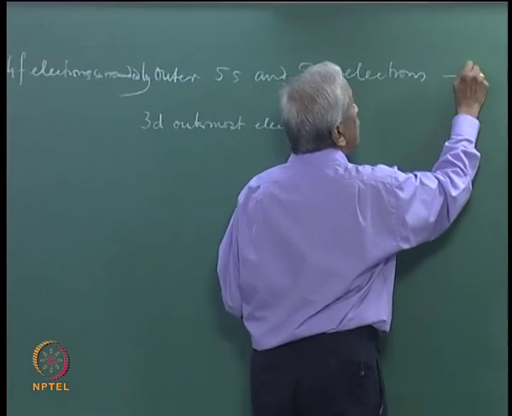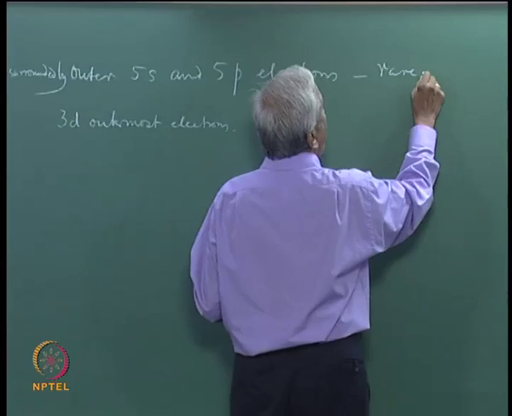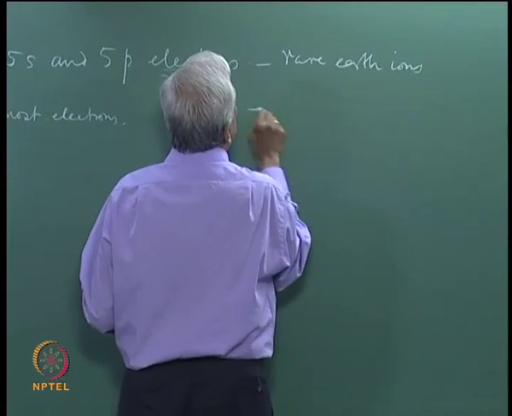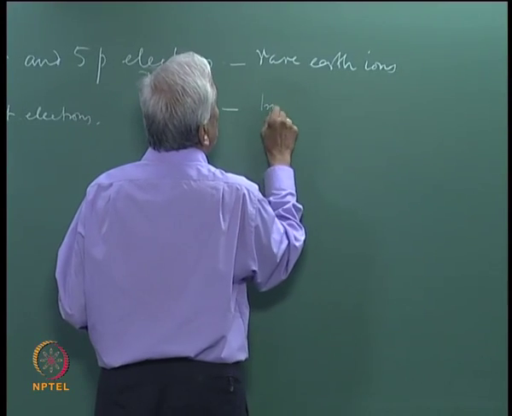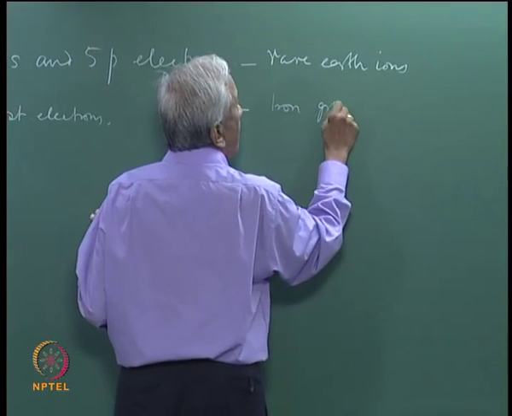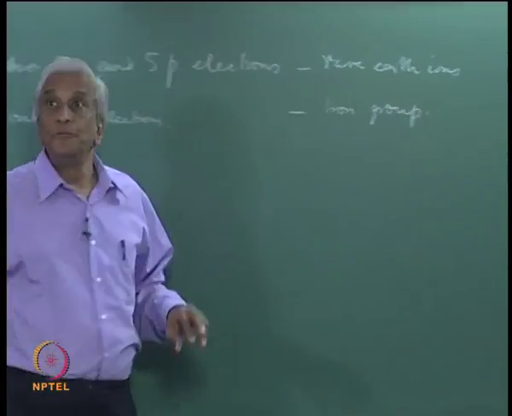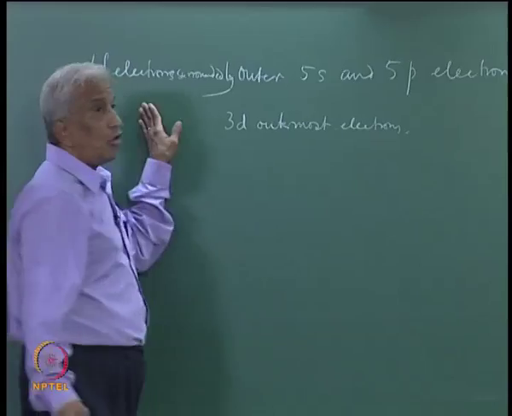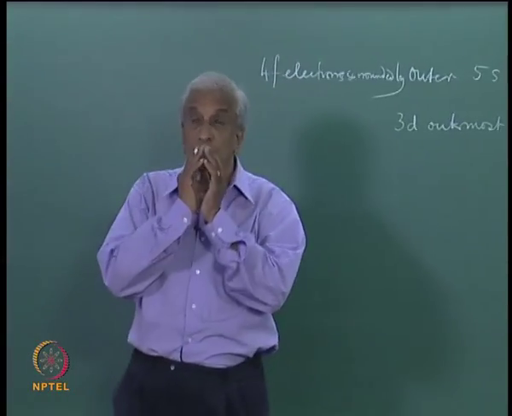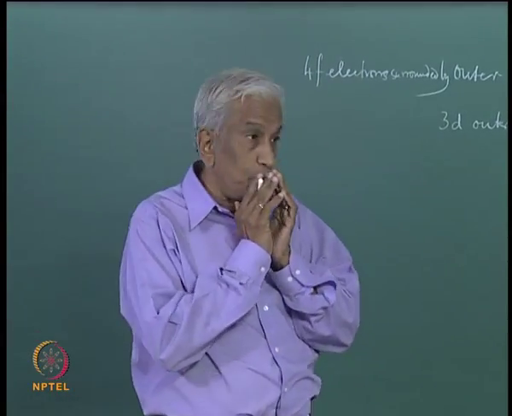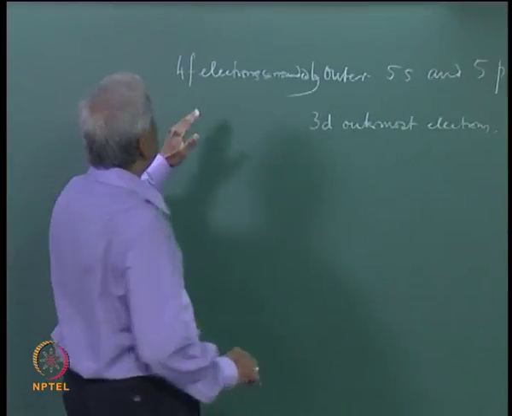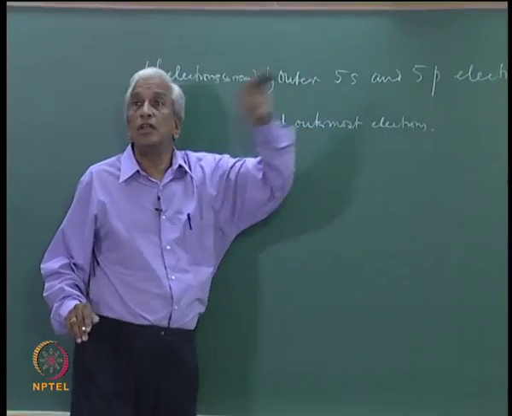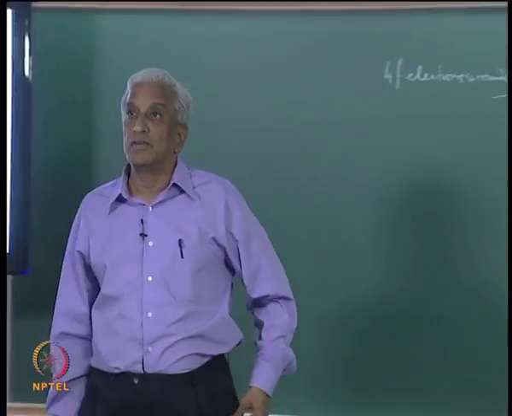So, this is the rare earth group and this is the iron group. So, the 3D electrons lie outermost, whereas the 4F electrons are protected from outside influence, relatively isolated because of the presence of the outer 5s and 5p electrons.